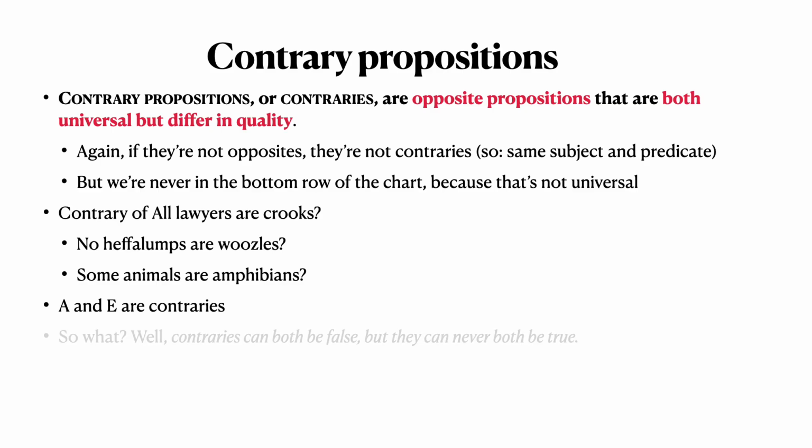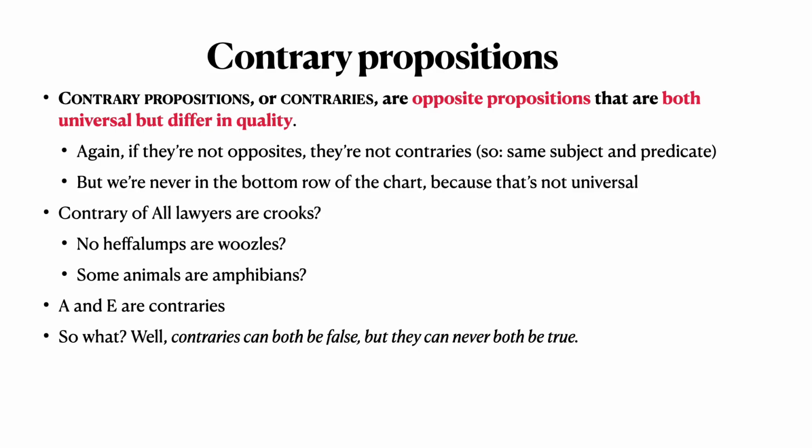Well, so what? Contraries have this useful and interesting property. Contraries can both be false, but they can never both be true. So it can be false that all lawyers are crooks and false that no lawyers are crooks. But it can never possibly be true that all lawyers are crooks and no lawyers are crooks. Those can't both be true, right?